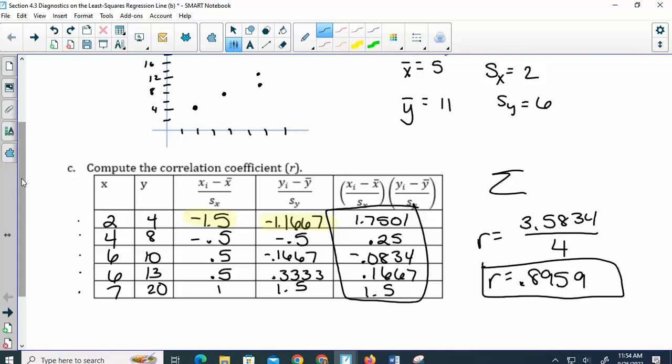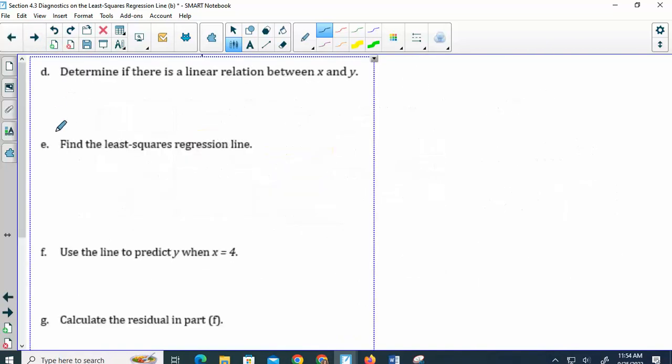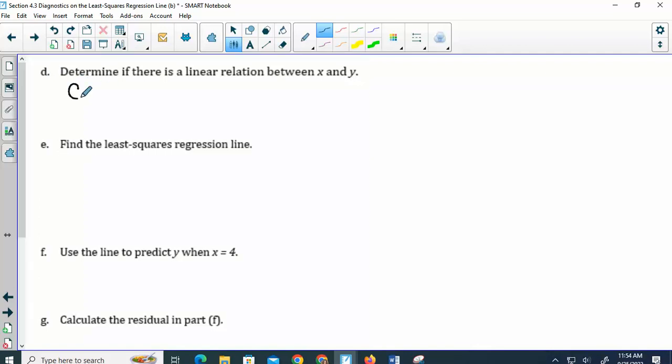So next, I want to know if there is a linear relationship between x and y. All right, so let's make sure. Go to table 2. So second piece of paper in your formula sheet, back of that. The critical value. N was 5, so my critical value is 0.878. Remember, if the absolute value of r is bigger than the critical value, that means it's good enough to be linear.